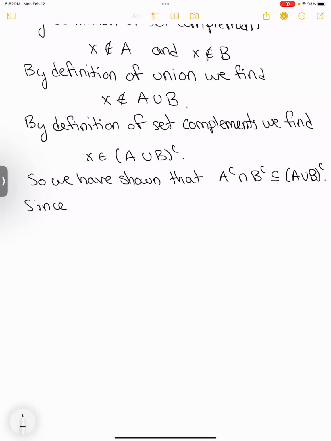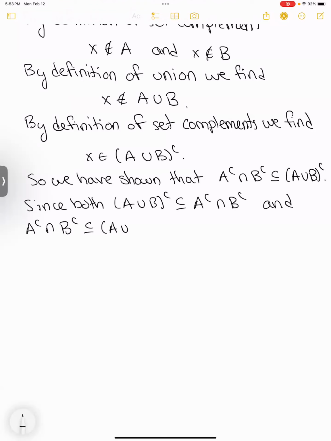Since A union B complement is a subset of A complement intersect B complement, and A complement intersect B complement is a subset of A union B complement, we see that A union B complement is equal to A complement intersect B complement. That's the end of the proof.